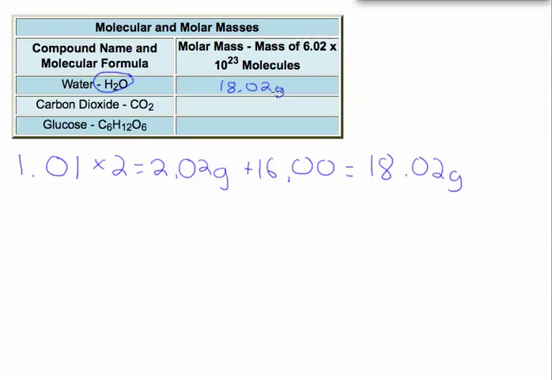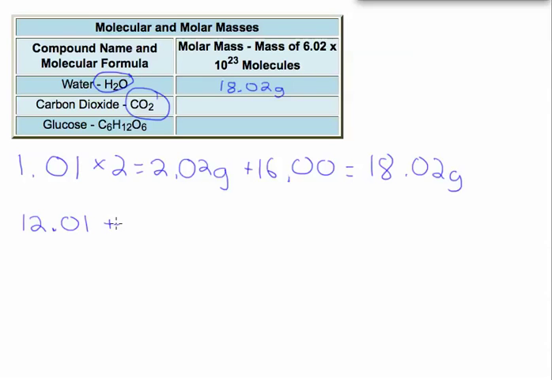Let's look at carbon dioxide. The formula tells us 1 carbon and 2 oxygens. If we look at our periodic table, we can see that carbon is 12.01, and we have 1 of them, 12.01.